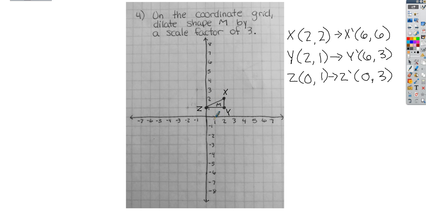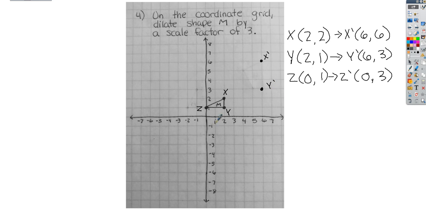So we need to go positive 6, 1, 2, 3, 4, 5, 6 for our X prime, and up 6. 1, 2, 3, 4, 5, 6. This is X prime. For Y prime, we're going to go over 6 and up 3. So 1, 2, 3, 4, 5, 6, and up 3. 1, 2, 3. It's Y prime.